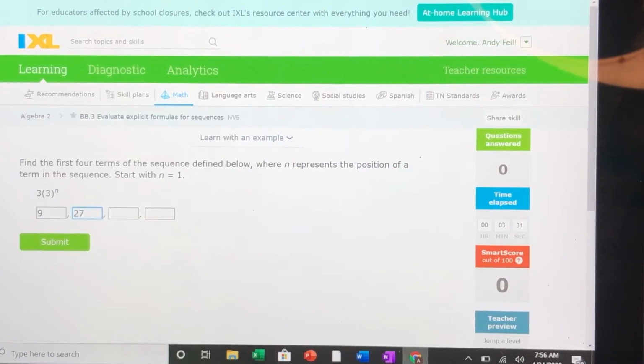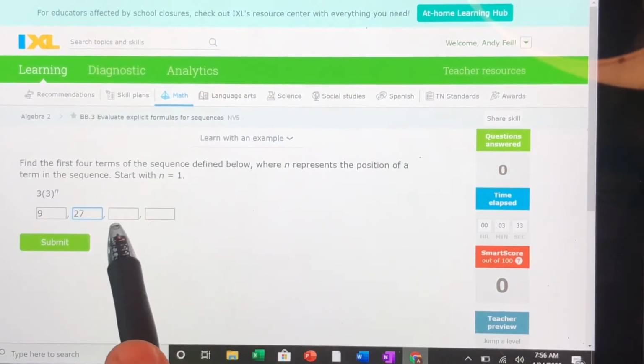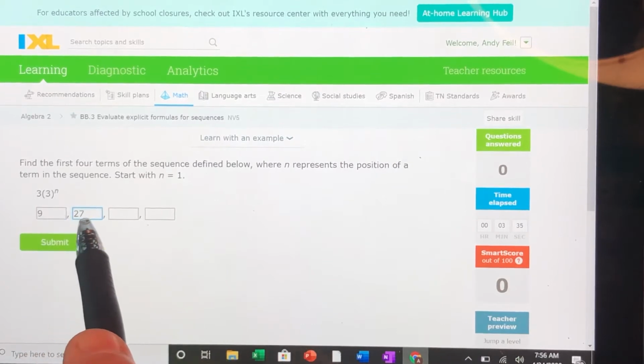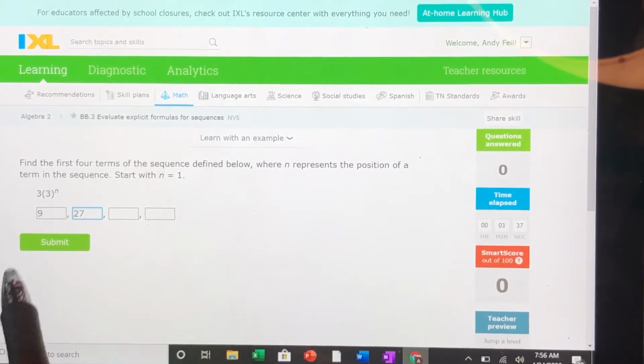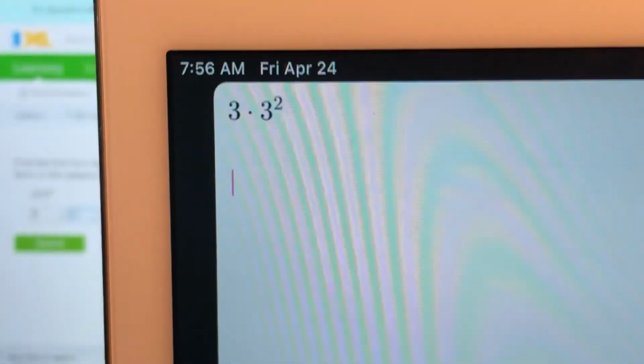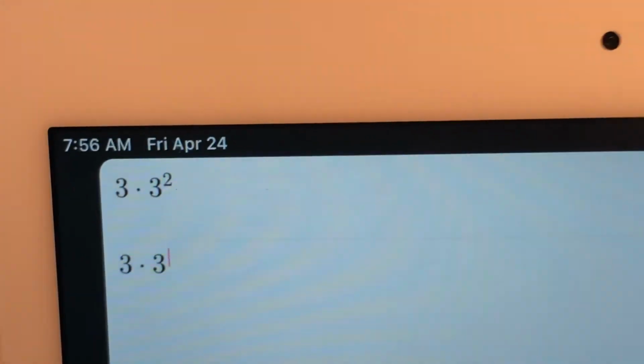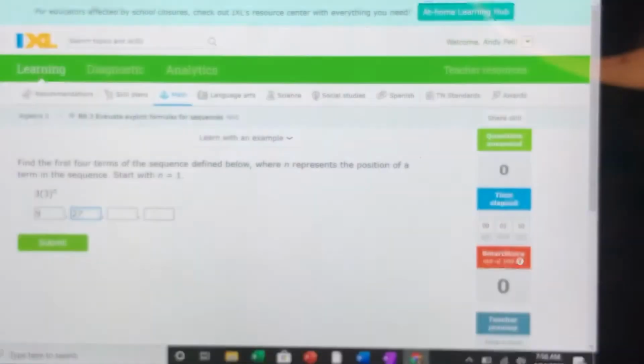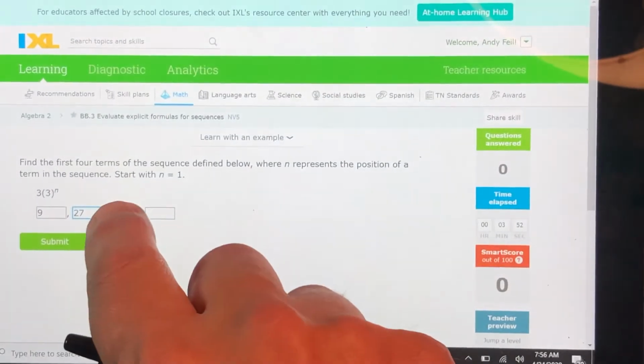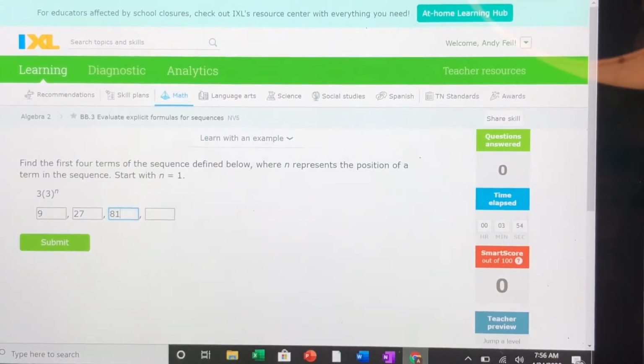Now you do the same thing, but now you plug in a 3, right? We plugged in a 1, we plugged in a 2, now we're going to plug in a 3. So we want to type in 3 times 3 to the third power. So 3 times 3 raised to the third power, that gives us 81. So in this blank, we're going to put an 81.